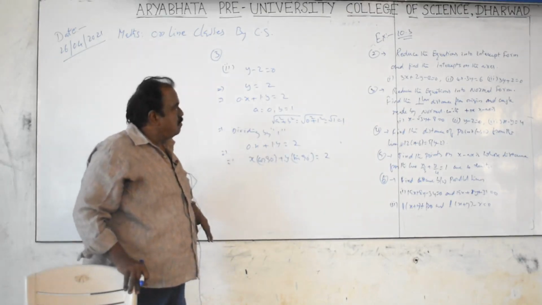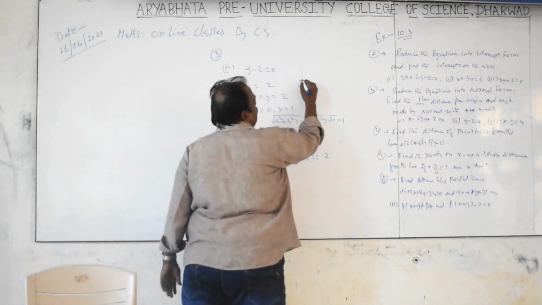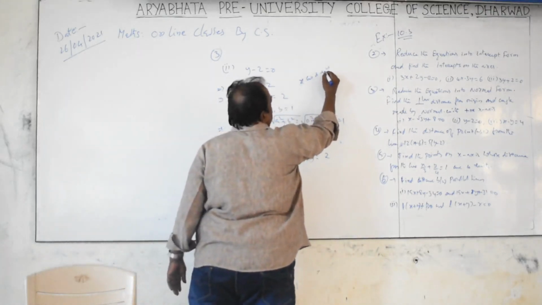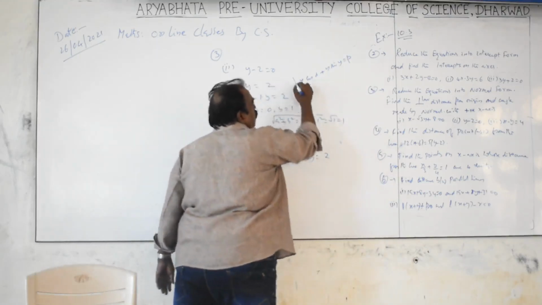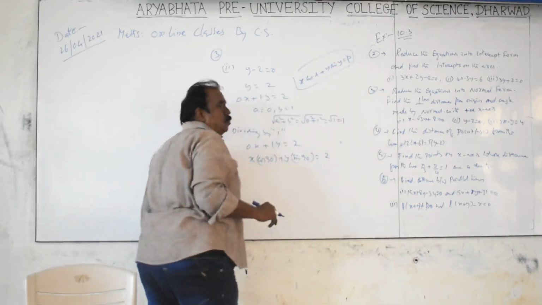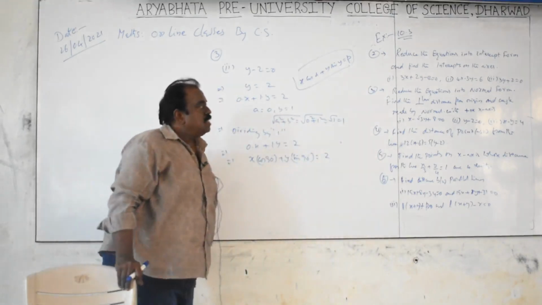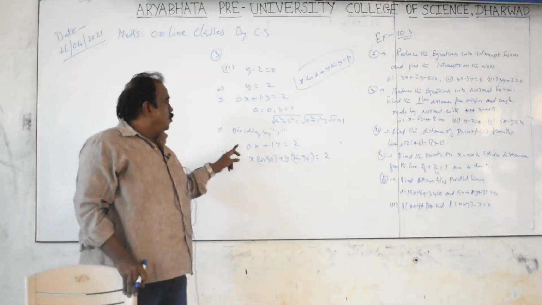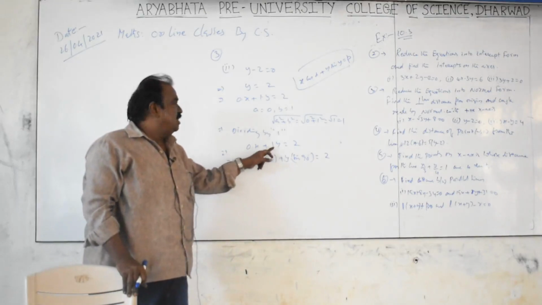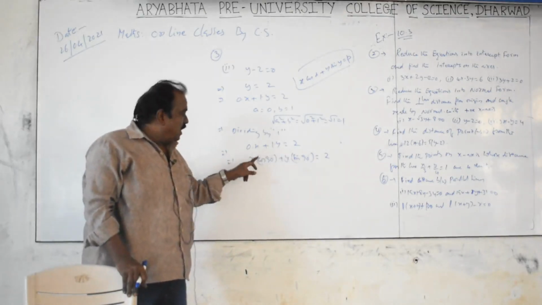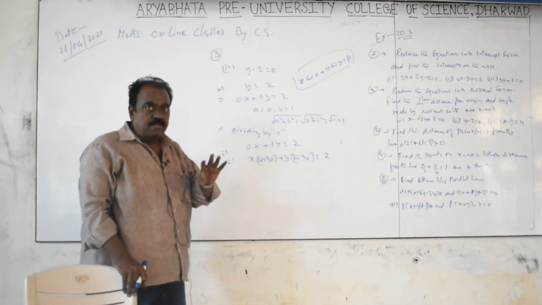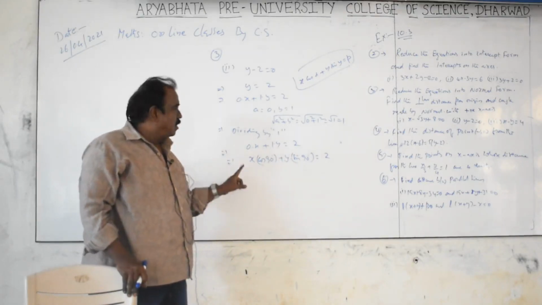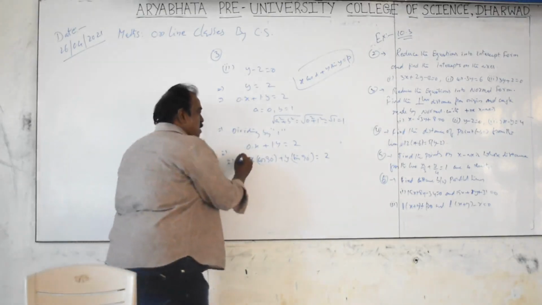Because the formation is x cos alpha plus y sin alpha is equal to p, I have to reduce into that formation. That is called the normal form. So this 0 is cos 90, this one is sin 90. Don't write sin here and cos there. The formation is x cos alpha plus y sin alpha only. Be careful.